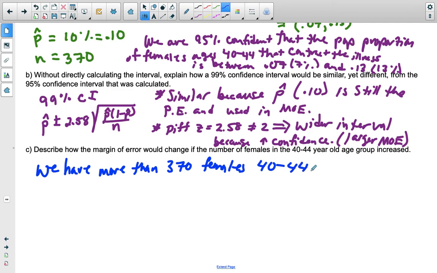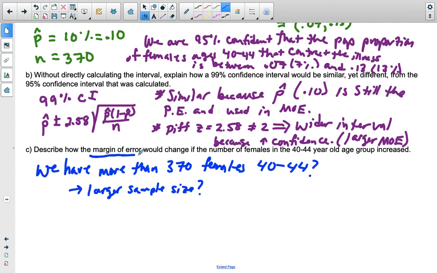That's what we want to know. What's going to happen? Well, this means you have a larger sample size. So if you took a larger sample size, what would be the effect on the margin of error?